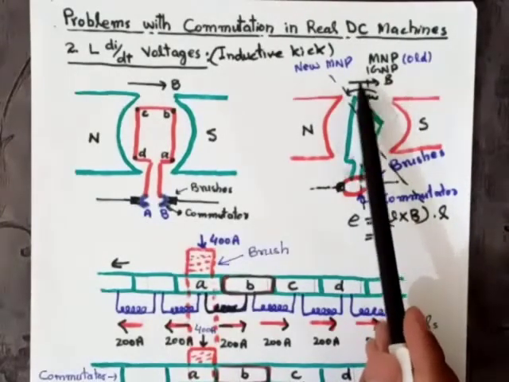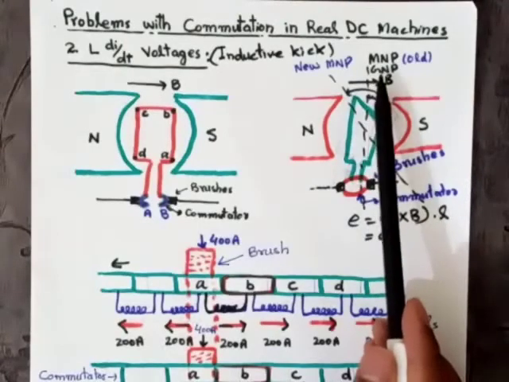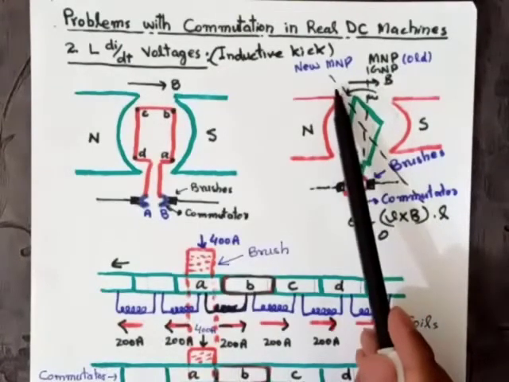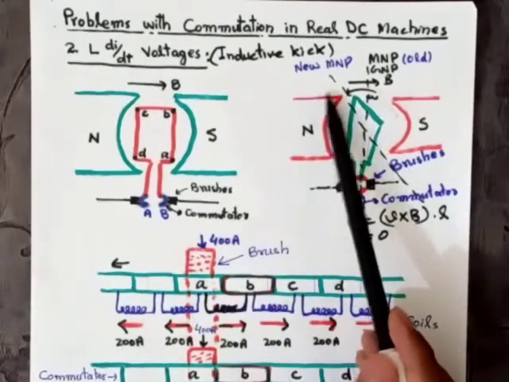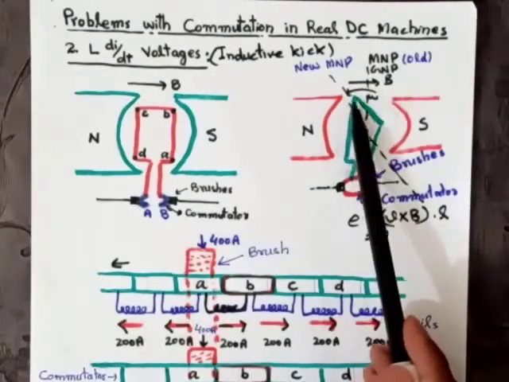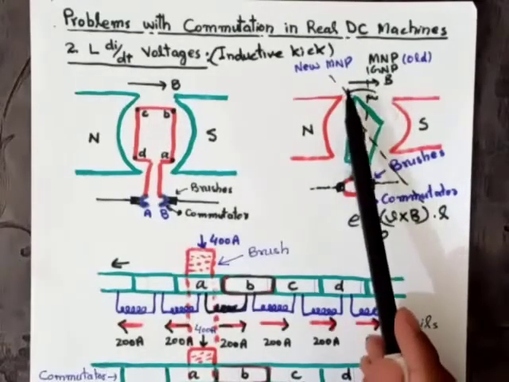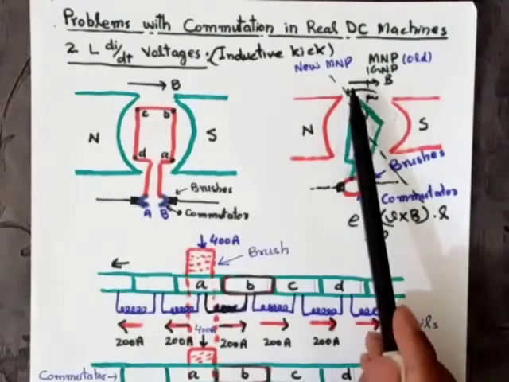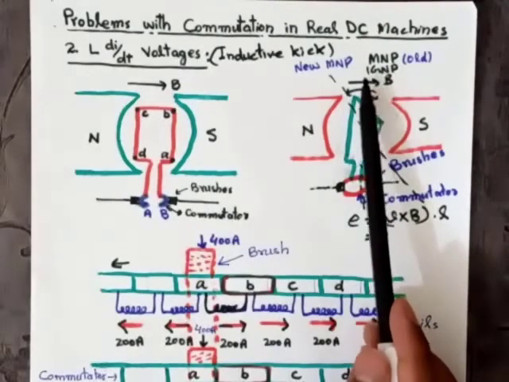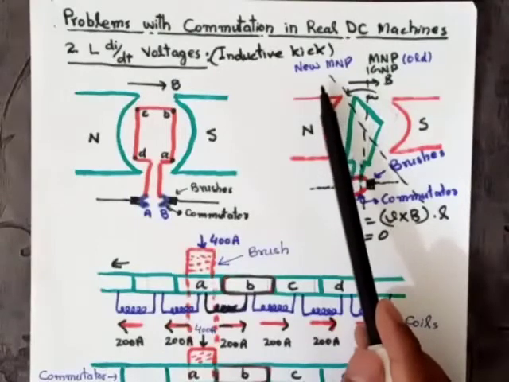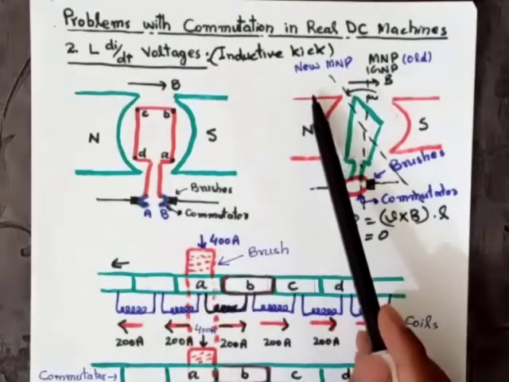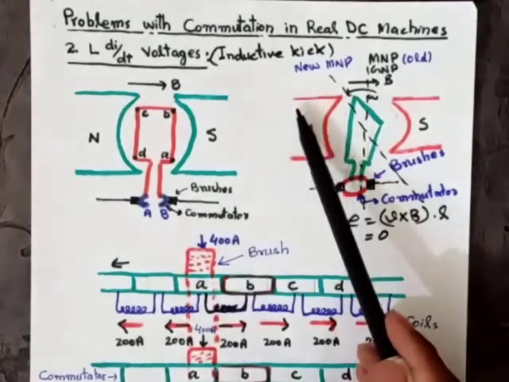Due to the armature reaction, in case of a generator, the magnetic neutral plane is shifted in the direction of rotation. Let the direction of rotation of this machine be anti-clockwise. Due to armature reaction, this magnetic neutral plane will be shifted towards the direction of rotation in case of a generator.